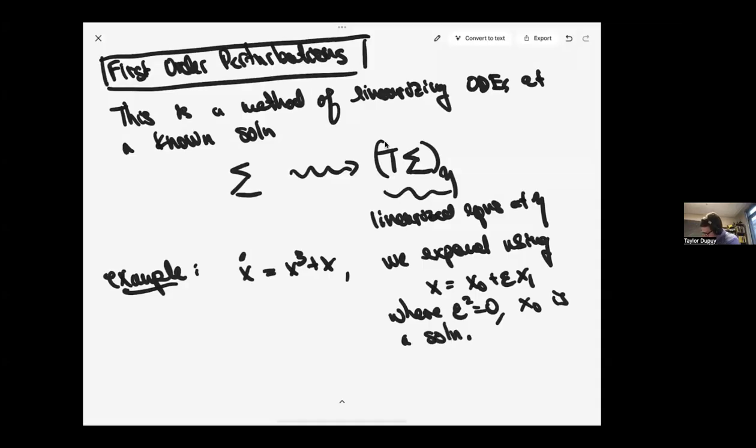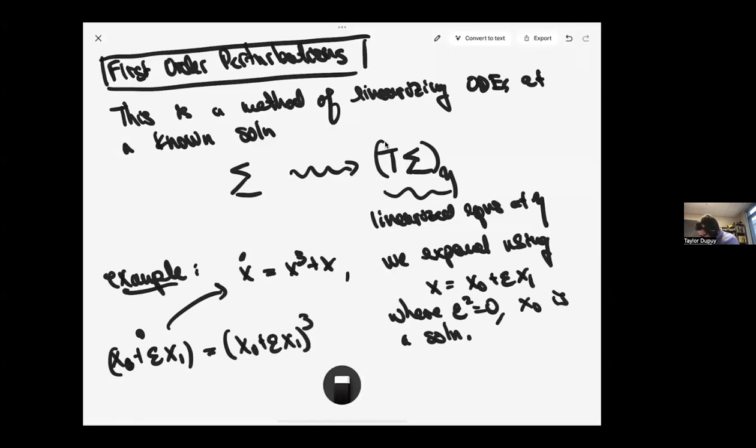So what we do is we just plug this in, right? Maybe I'll do it here. x0 plus epsilon x1, we take the derivative of this, and then we cube it.